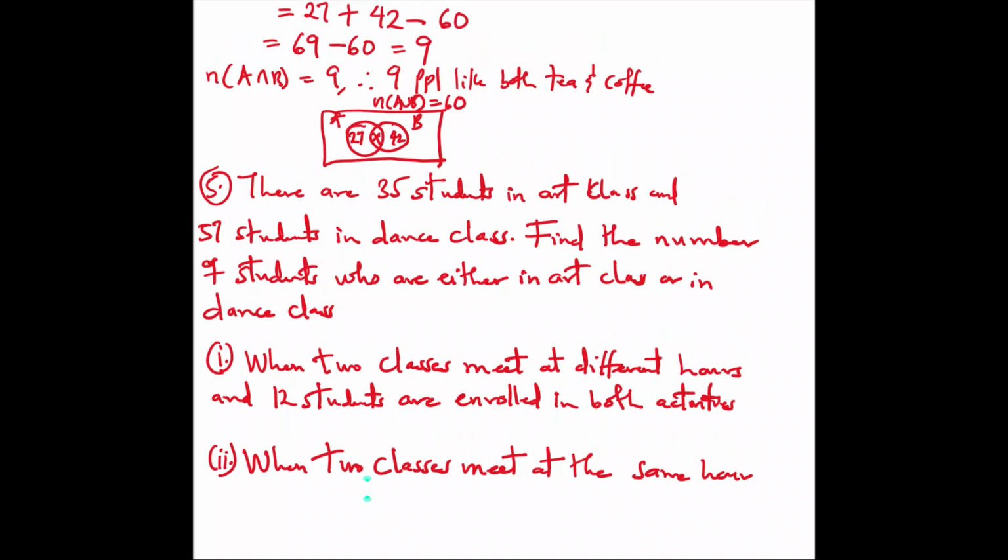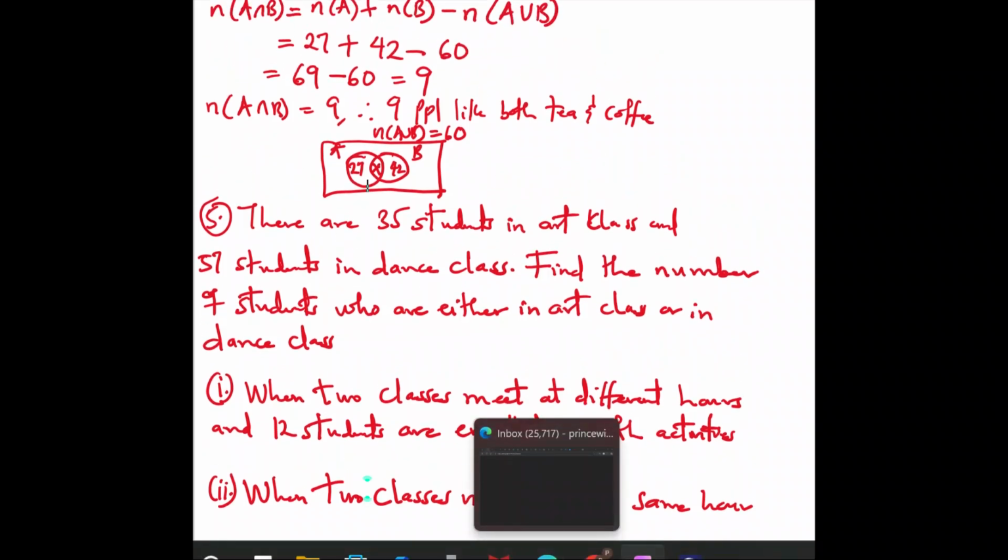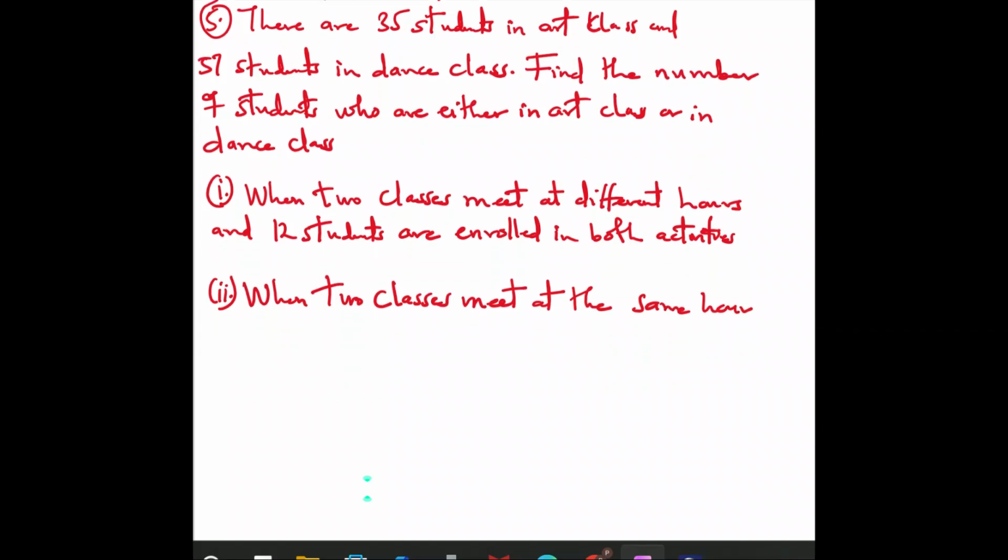The next question says there are 35 students in art class and 57 students in dance class. It says find the number of students who are either in art class or in dance class. The first question says when the 2 classes meet at different hours and 12 students are enrolled in both activities, and then you find it when the 2 classes meet at the same hour. First of all, I will draw the Venn diagram.